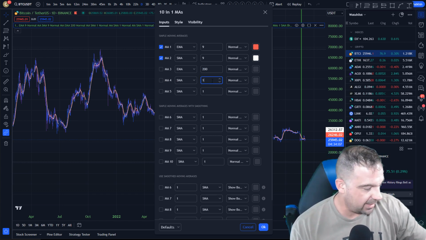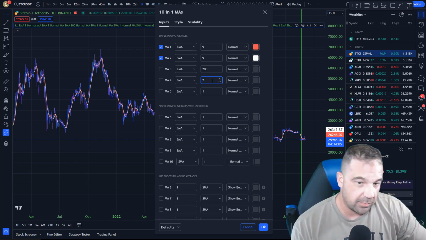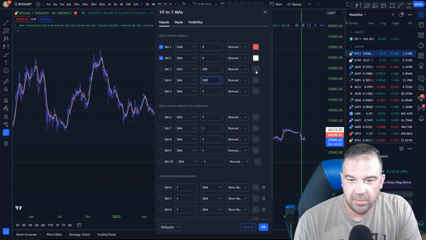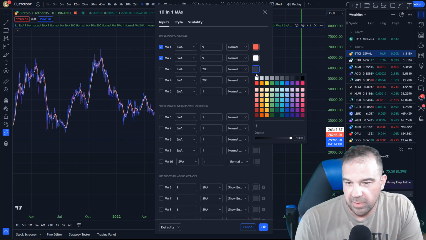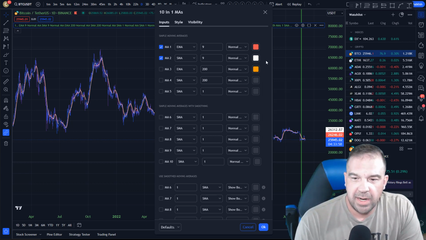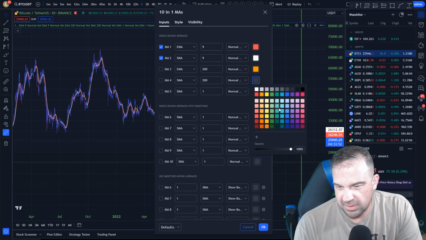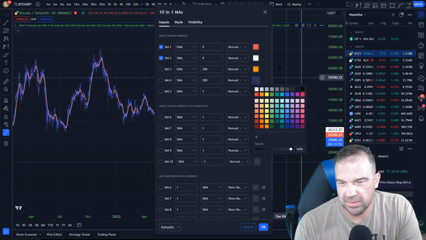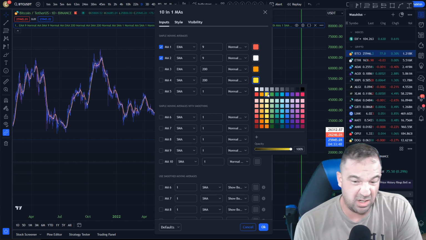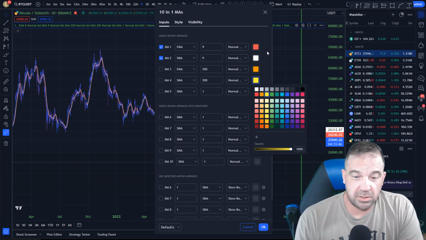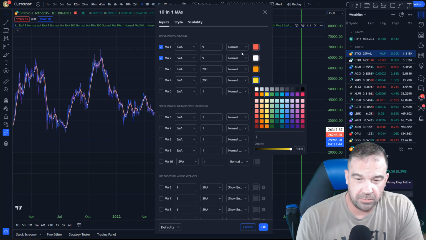And we want to add a simple moving average, and we want to make it 200. Exponential was the red one, so we'll make an orange one, right? And since the simple was the white one, let's make it something different. We'll use yellow, maybe, okay? So orange is going to be exponential and yellow simple, right?